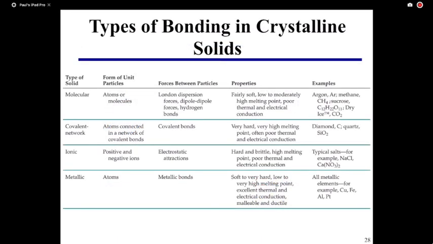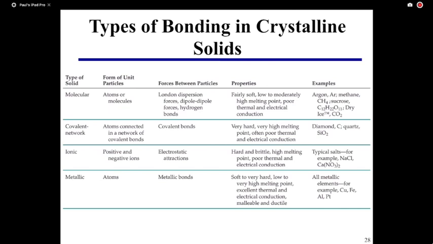Now the types of bonding in crystalline solids, they're right next to each other, so it depends upon what you have. So if it's molecular, then you can have London dispersion forces, dipole-dipole forces, and hydrogen bonds as possibilities.